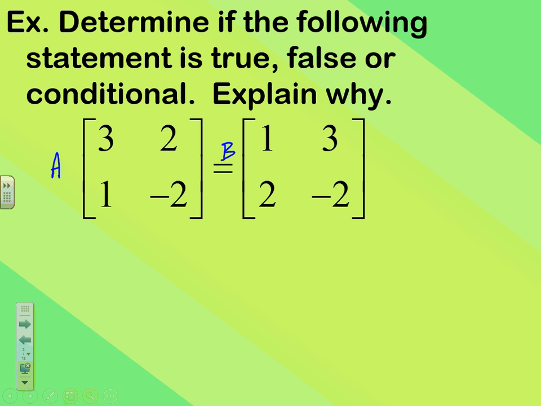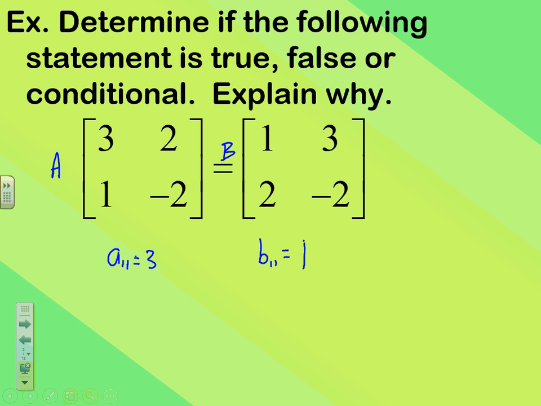What we saw on the previous screen, let's look at the very first one, a 1,1, meaning what's in row 1, column 1? In row 1, column 1 of matrix A, I have a 3. Looking at the exact same element of matrix B, row 1, column 1, I have a 1.